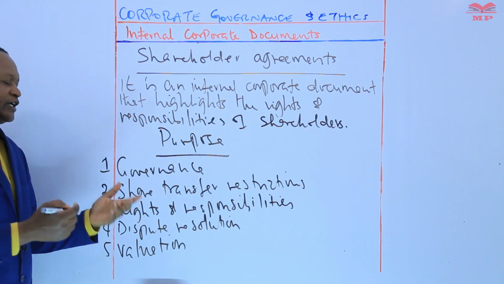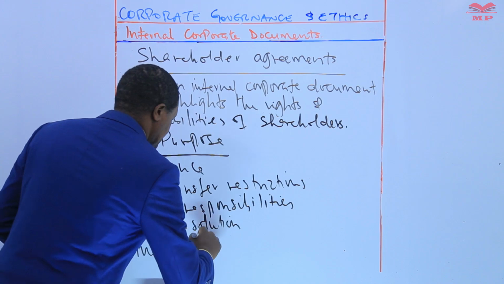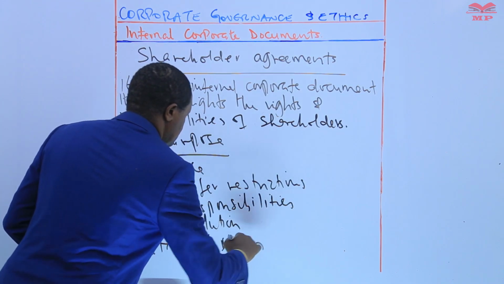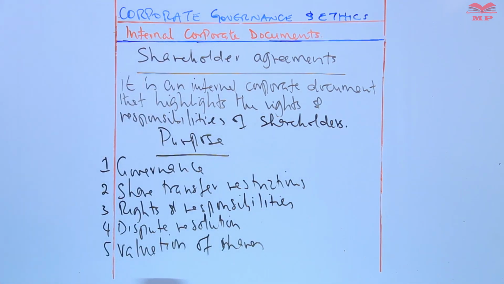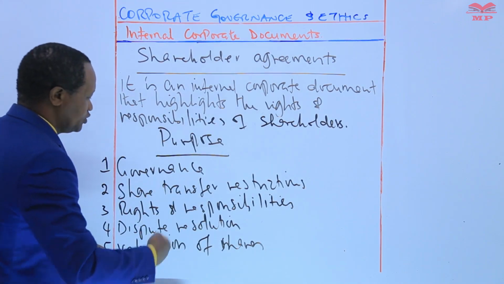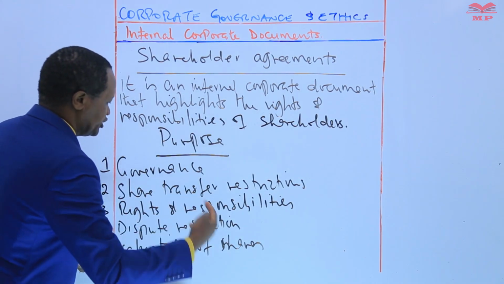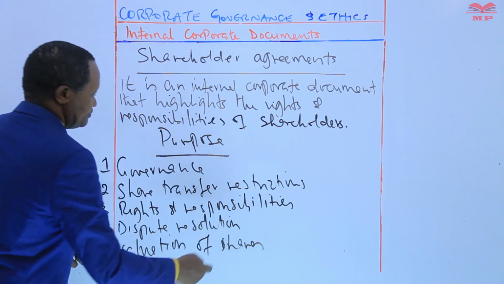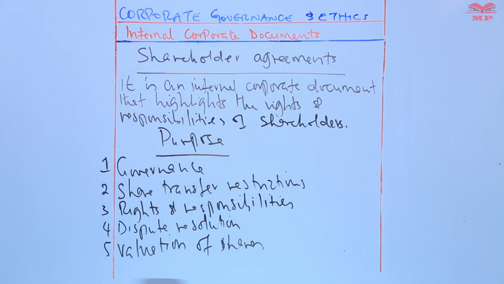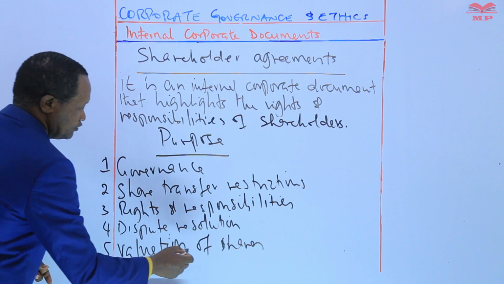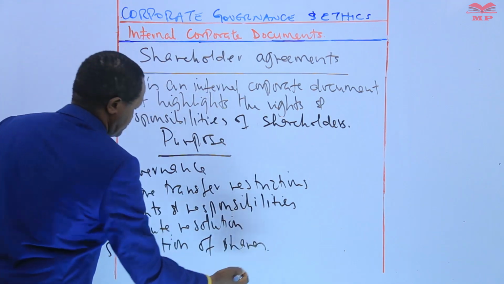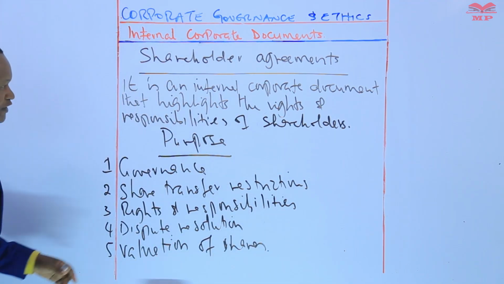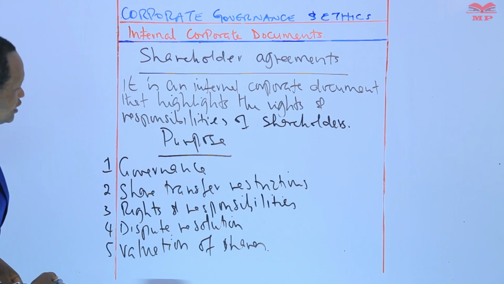Valuation of companies, or shares. It can specify methods that can be used to value the shares of the company. So these are five purposes of shareholder agreements.